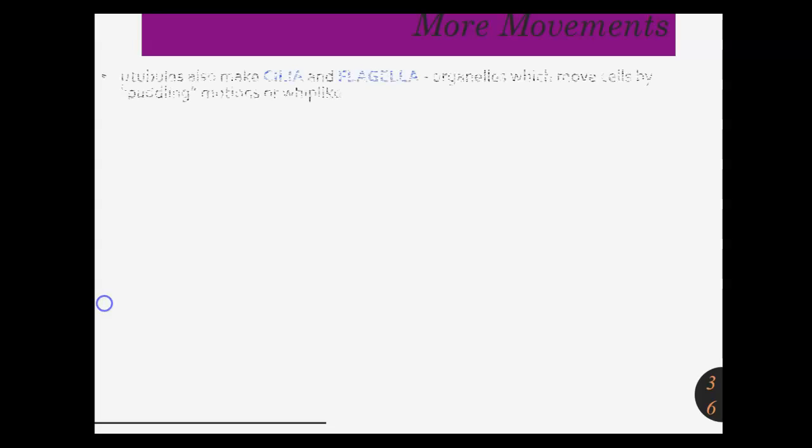Okay, let's move on. More movements, because all these filaments that we're talking about are responsible for movements that are taking place in the cell. So two others, cilia and flagella, are organelles which move cells by a paddling or whip-like motion.